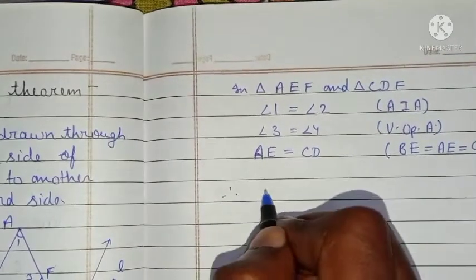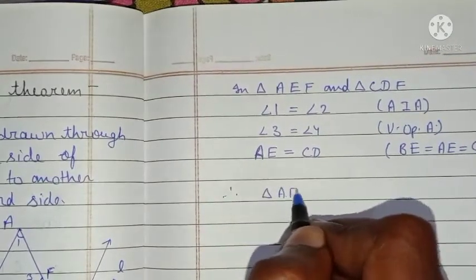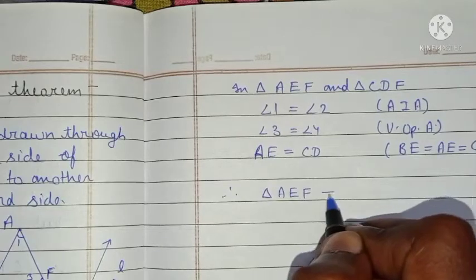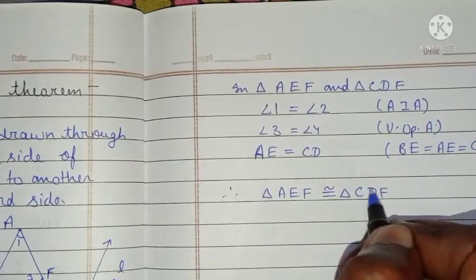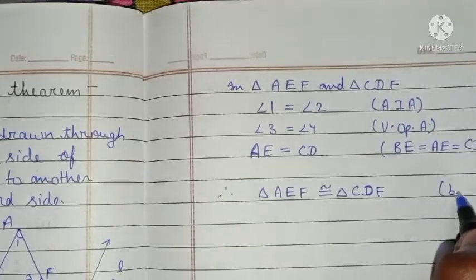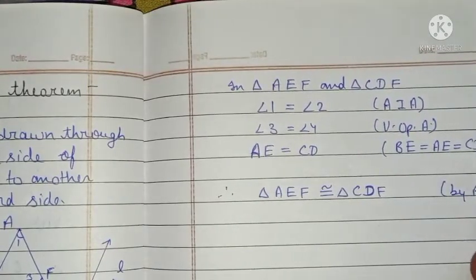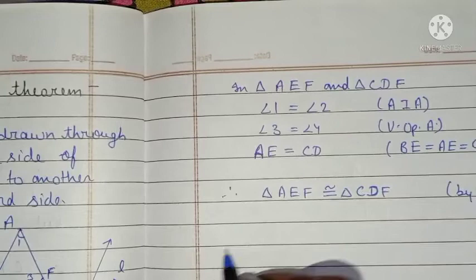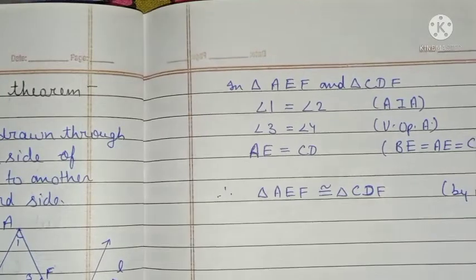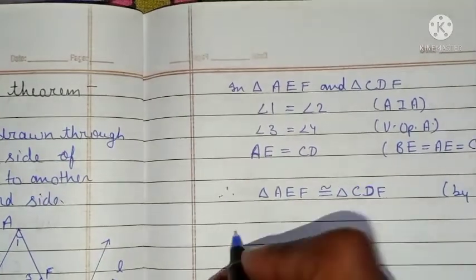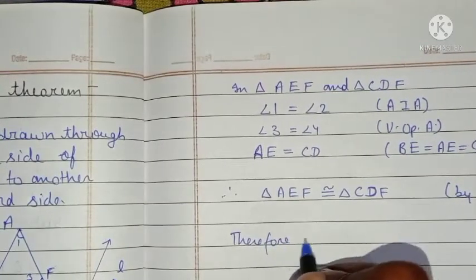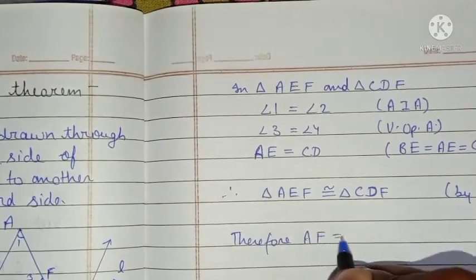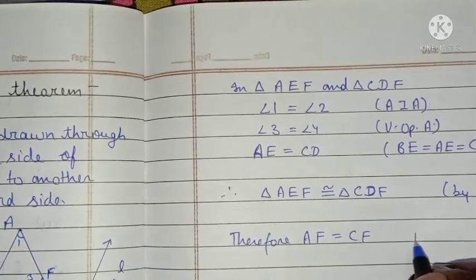Hence triangle AEF is congruent to triangle CDF by angle side angle. Therefore AF equals CF. Proved.